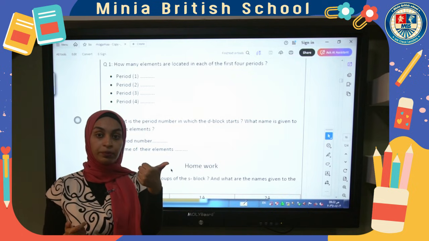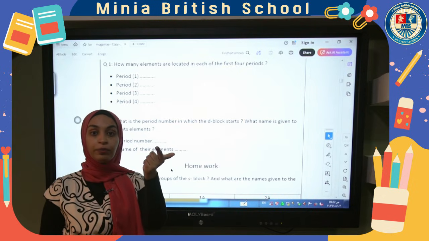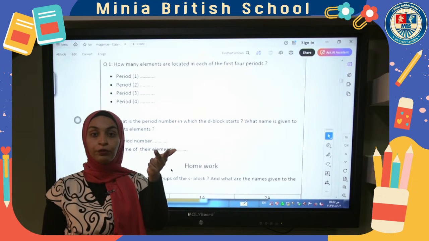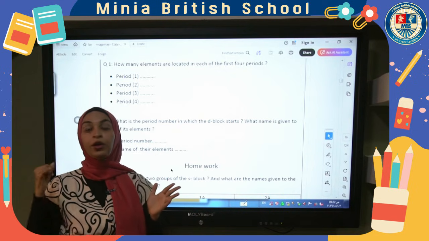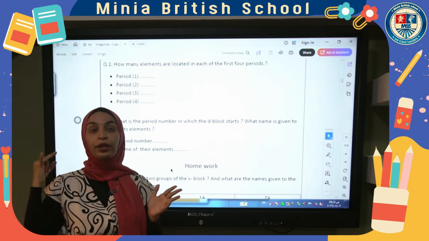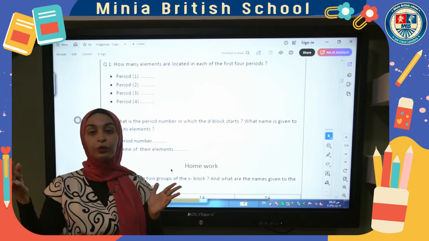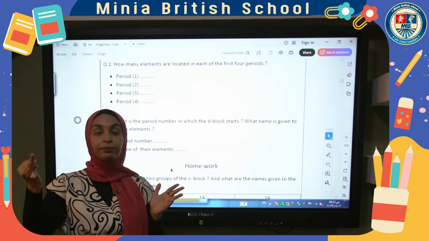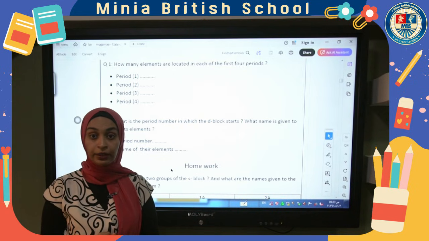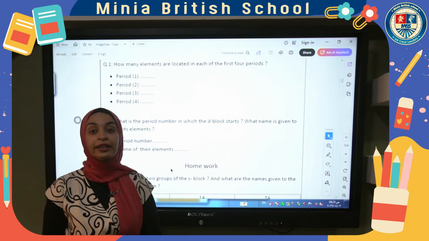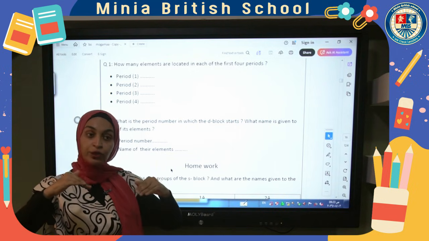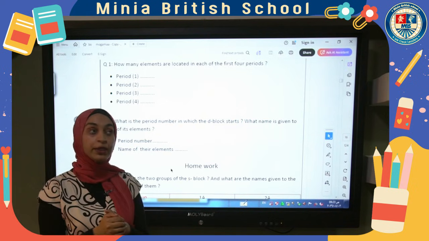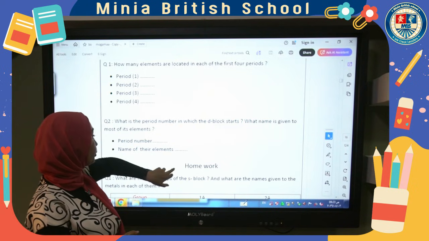So lithium 3, beryllium 4, boron 5, carbon 6, nitrogen 7, oxygen 8, then fluorine and neon, 10. So we have 8 elements in period 2. And we calculate the number of elements in period 3 and period 4 the same way.